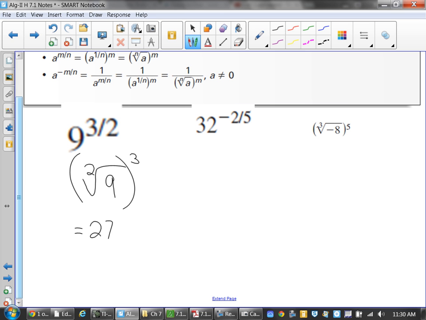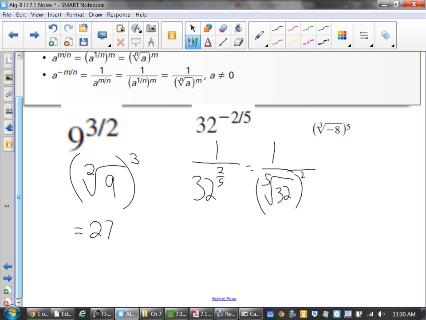So you wind up with 1 over 32 to the 2/5, which means it's going to be the 5th root of 32, and then I'm going to square it. What is the 5th root of 32? 2. What's 2 squared? 4. So it's 1/4.